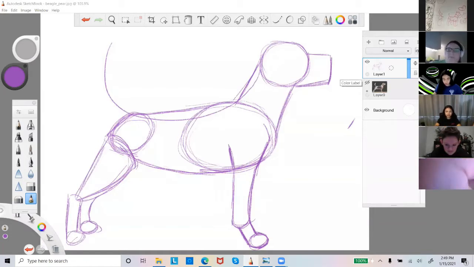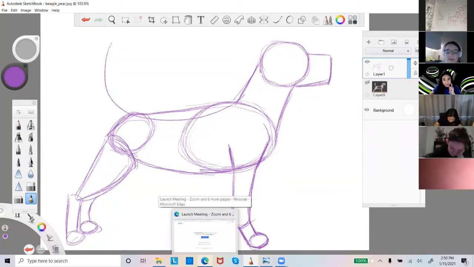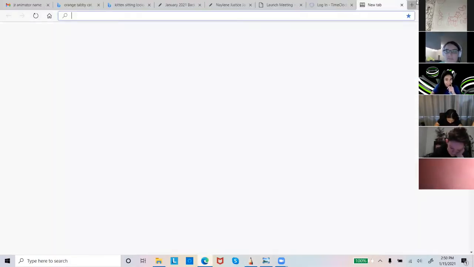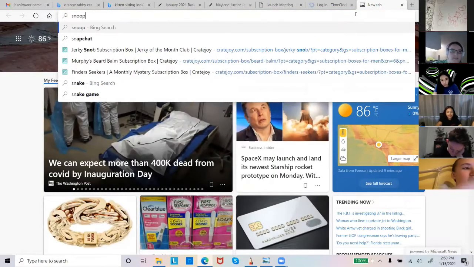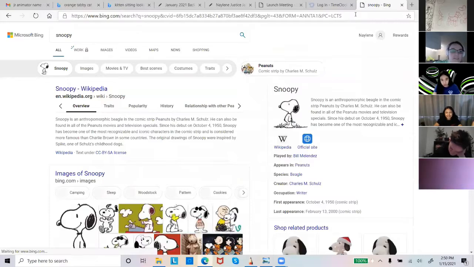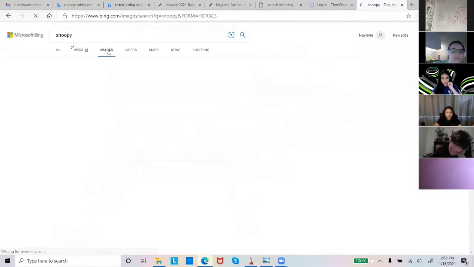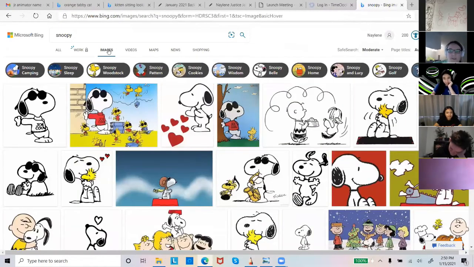I have a question. Yeah. How would you draw a character like Snoopy, for example? Ooh, that's a good question. Let's pull up a reference. Because Snoopy is still a cartoon dog and still a beagle, but a very different style. So let's see what shapes we can find for him.